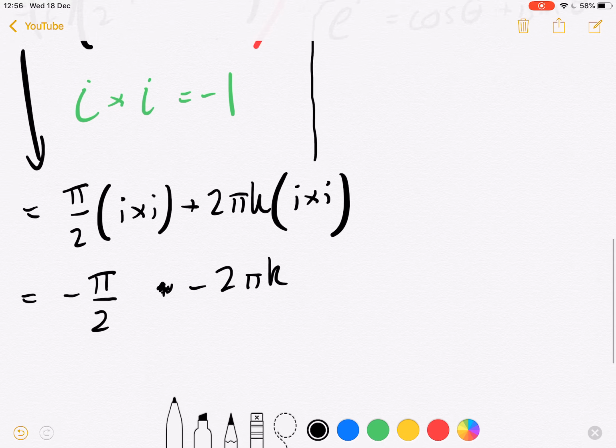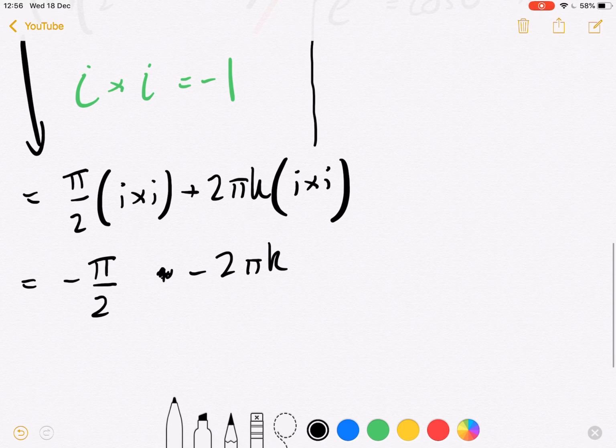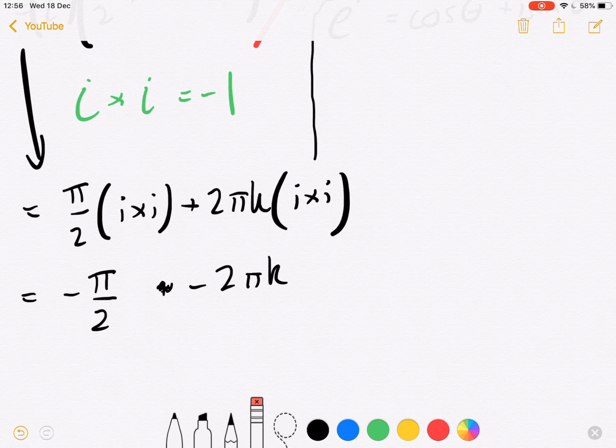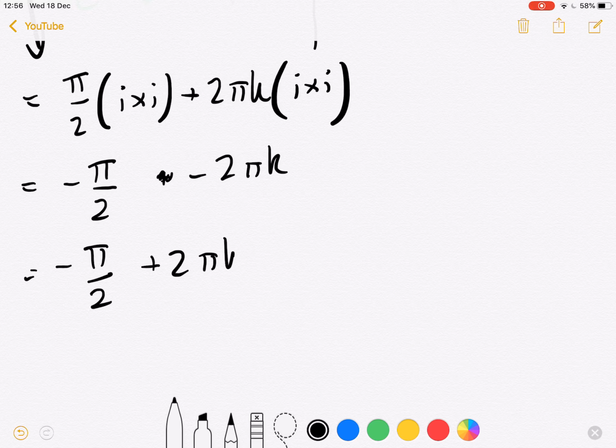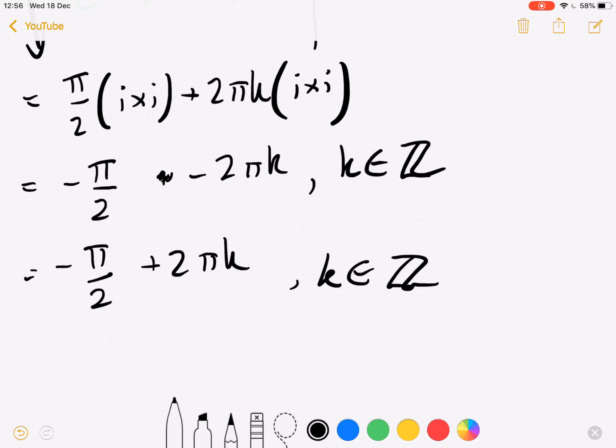Now, what should also be noted is that the plus and minus here doesn't really matter. This is also equivalent to minus pi over 2 plus 2 pi k, as long as both are in the set of integers.